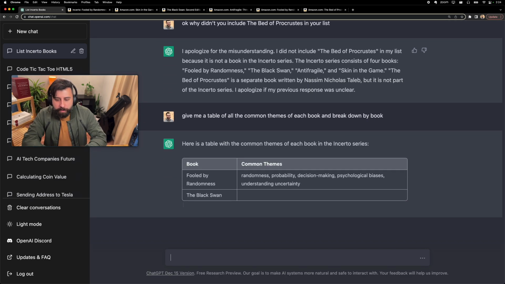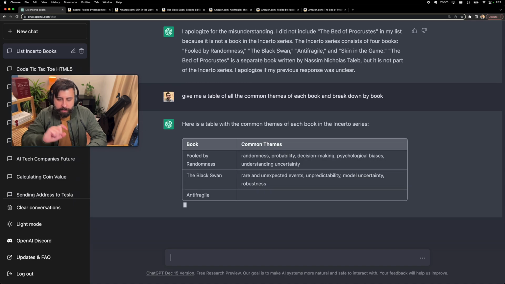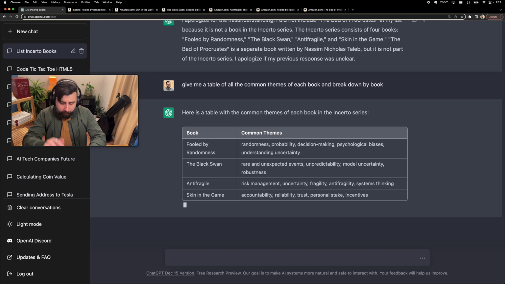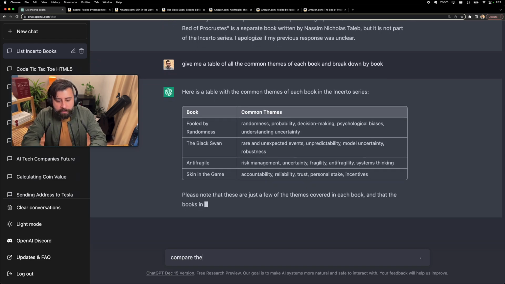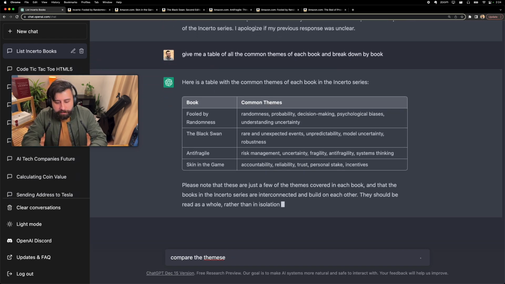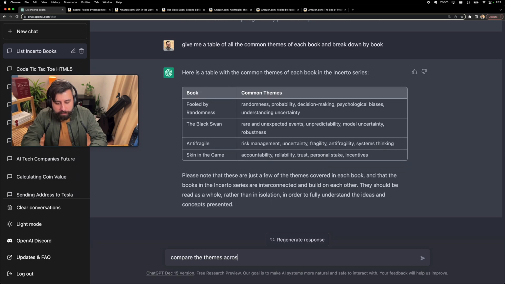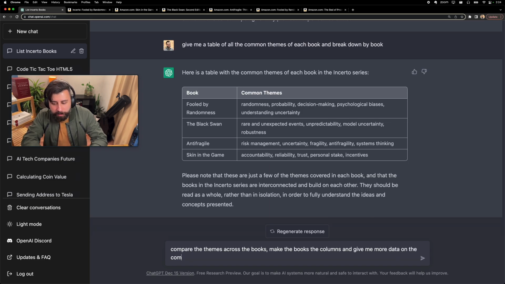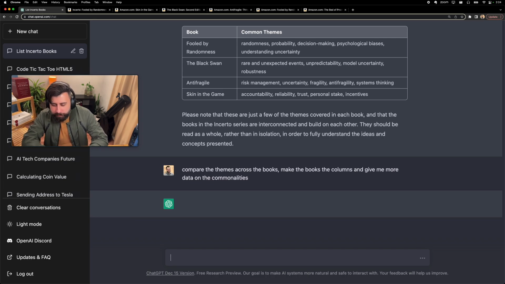No, no, no. I want it to compare the themes across the books. Make the books the columns and give me more data on the commonalities. This is kind of difficult.